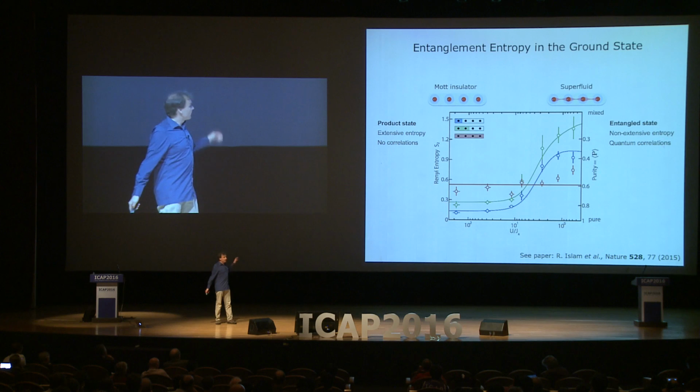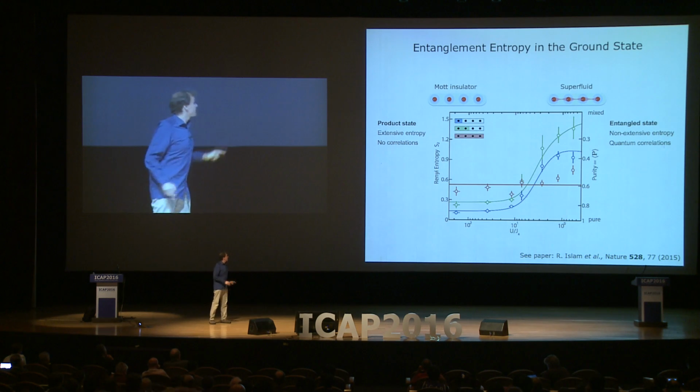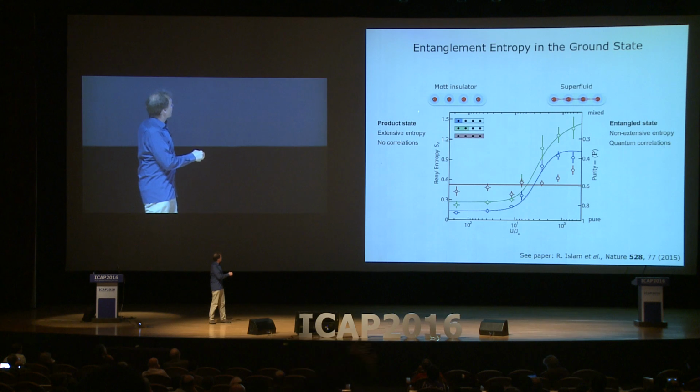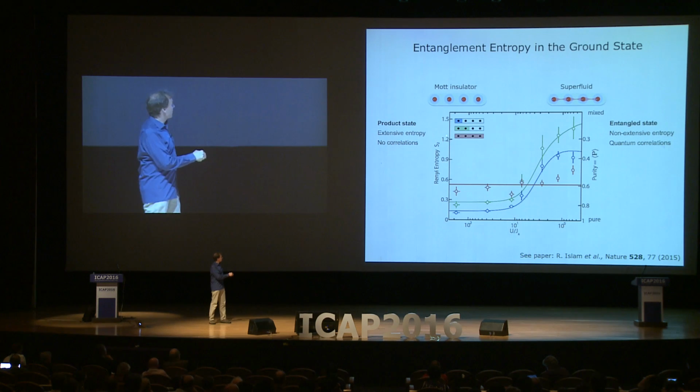Even if you couldn't follow the details here, let's look at this. Here we have measured from a Mott insulator to a superfluid. We can measure entanglement entropy directly now. Here I vary the tuning parameter, like the interaction, and now I'm looking at the purity of the whole system.